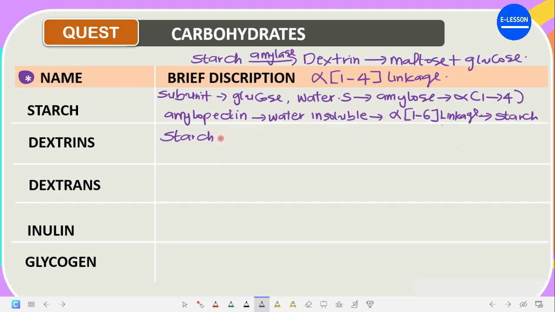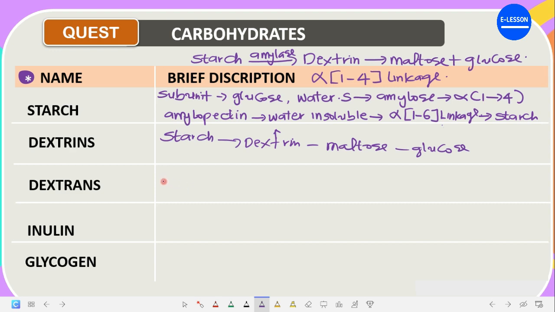Just know that starch is hydrolyzed to what? Dextrin. Are you getting it now? Then from dextrin to maltose, then from maltose to glucose. That is to say that dextrin is a polysaccharide, but it's not as large as starch. What I mean is it does not have as many monomers joined together.